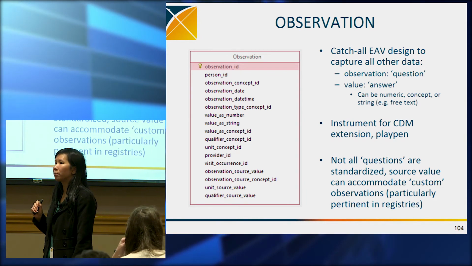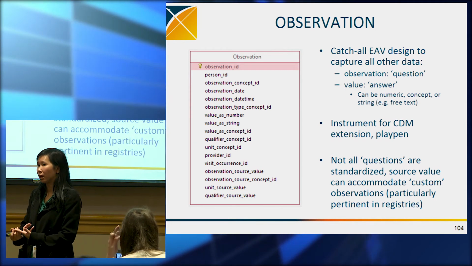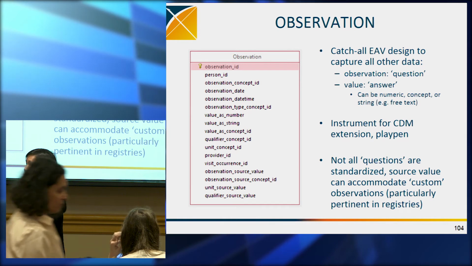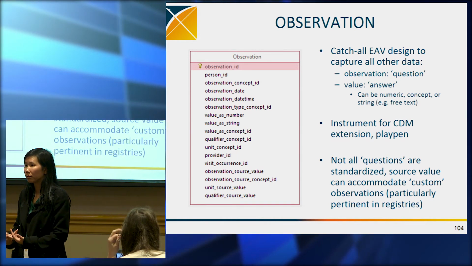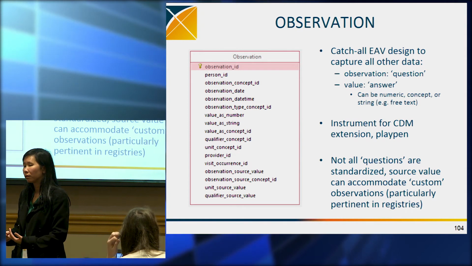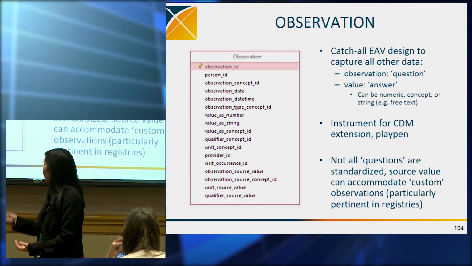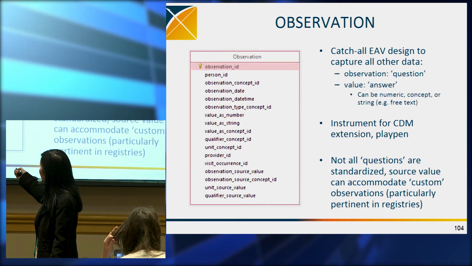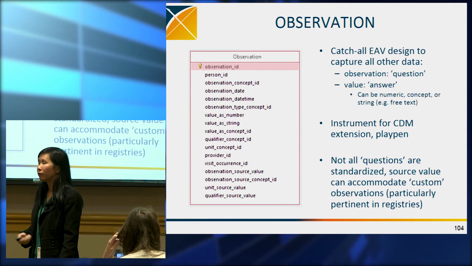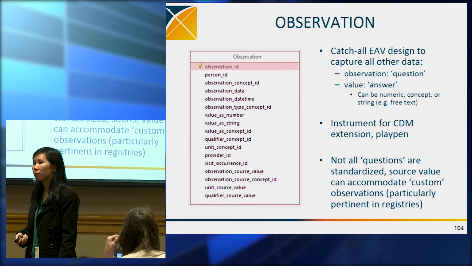Yes, only one of those would be filled, because either you found it as a value as a concept, or it's a value as a number, or you don't know what it is, so you stuck it in value as a string. And for the value as concept ID, where would the source be for that? The source is under the observation source value. So for all three of them, actually, the source would be the observation source value.